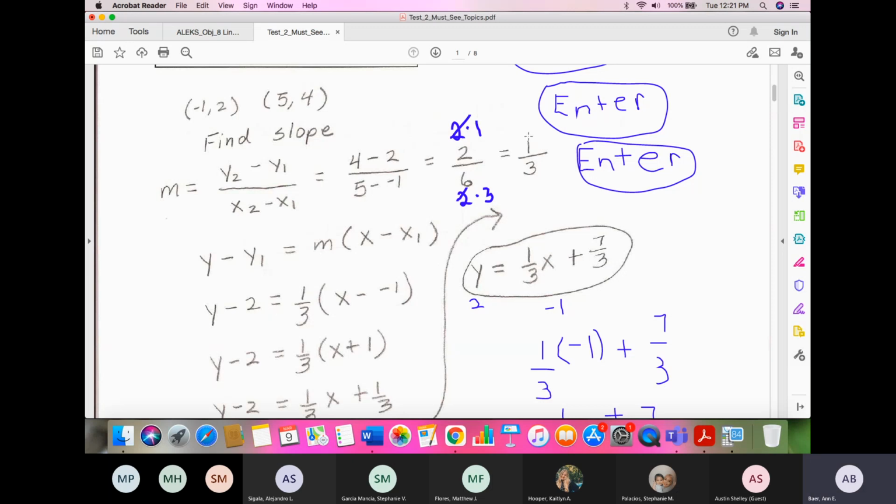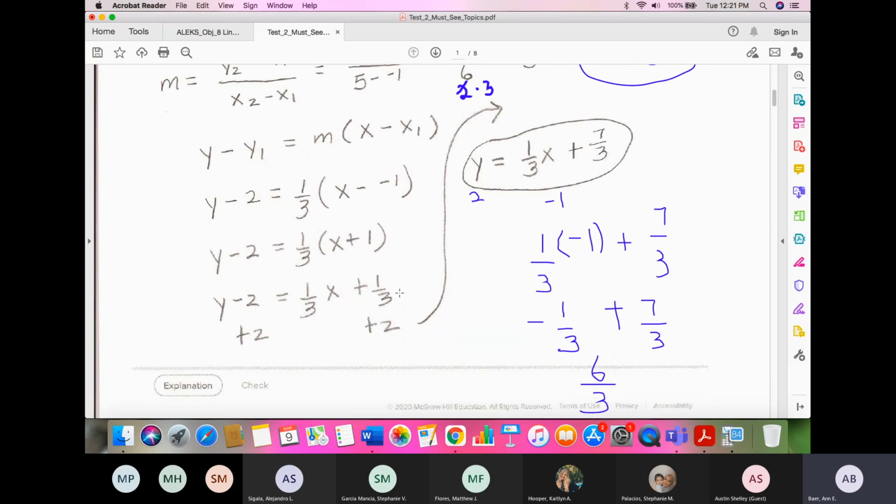The slope we found to be 1/3. 1/3 times x minus x sub 1. That's from the x of this first point here, which is -1. So I put in -1 for this x sub 1 and got -1 here.